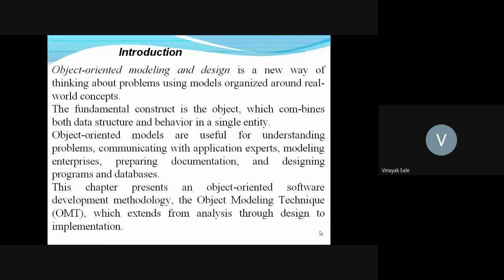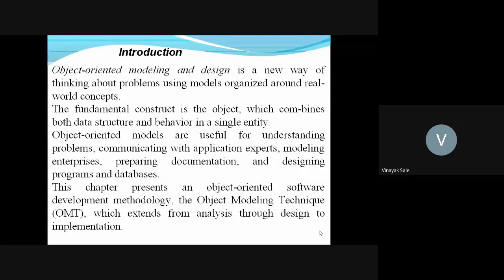In the private part, nobody can enter without any permission, whereas the public part, anybody can enter in that part. So object oriented modeling, then what is a design? Design is a structure.